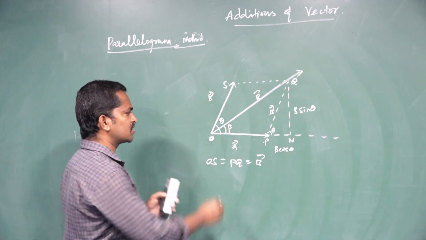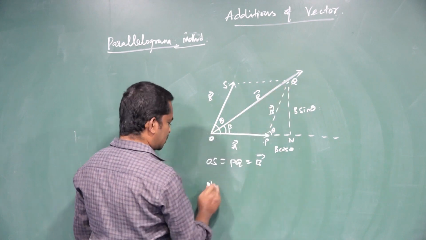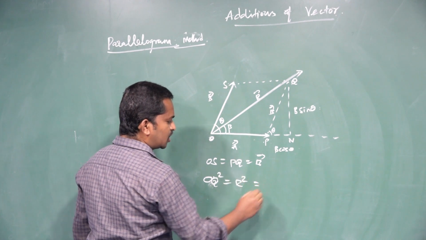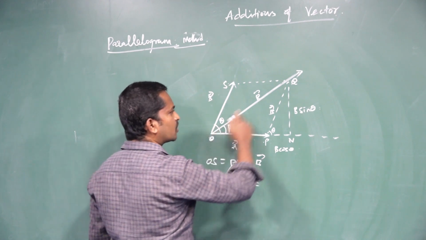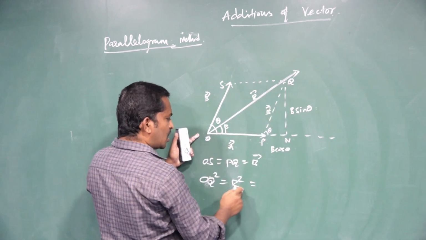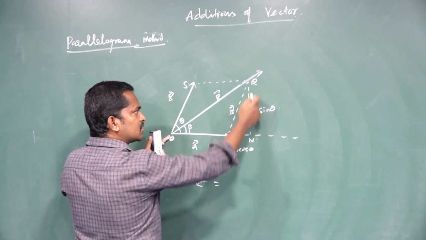The resultant vector R: R square is equal to OQ square, which is equal to ON square plus QN square.